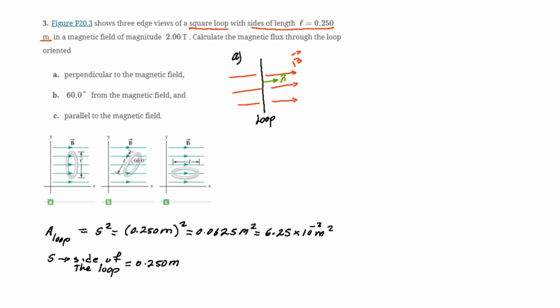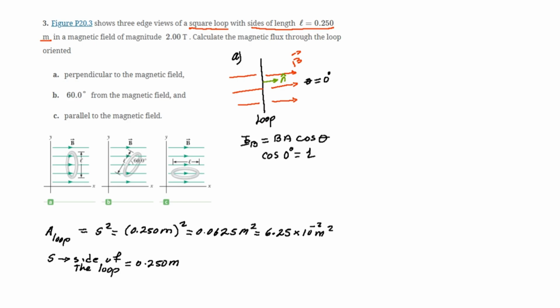So in this case, the angle theta is 0 degrees. So when I now say that the magnetic flux is BA cosine of theta, since theta is 0 degrees, the cosine of 0 degrees is 1.